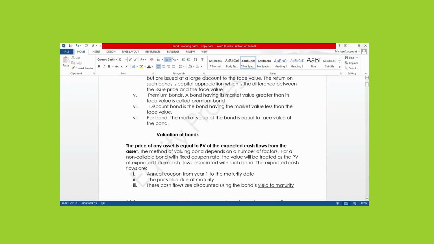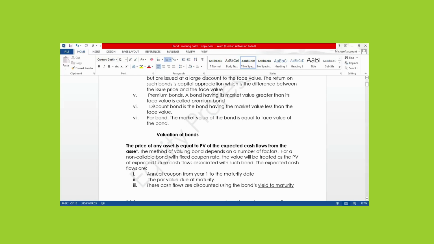Your premium bond is a bond having a market value greater than its face value, where the market price of a bond is greater than the face value. That bond is called a premium bond.